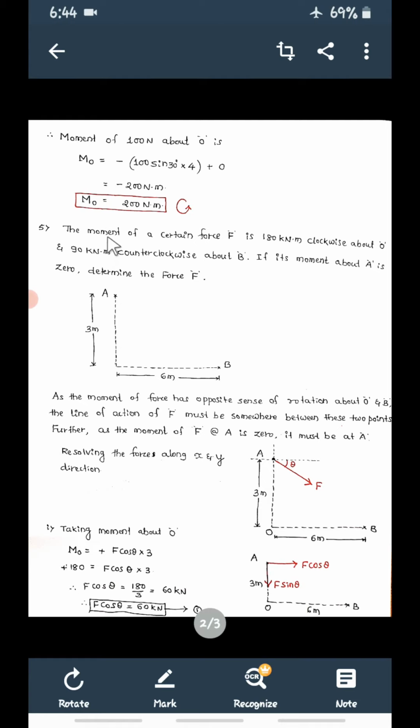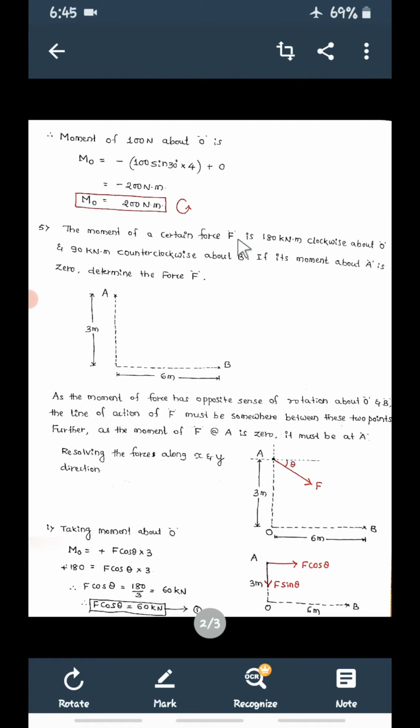There is a force F, and the moment of this force F about O is 180 kilonewton meter clockwise, and 90 kilonewton meter counterclockwise. Counterclockwise means anti-clockwise. So 90 kilonewton meter anti-clockwise about B.